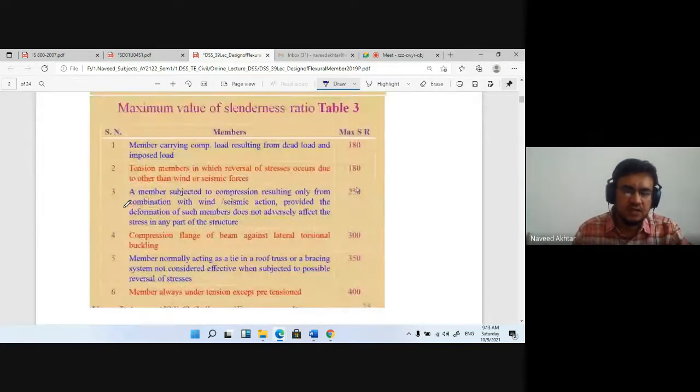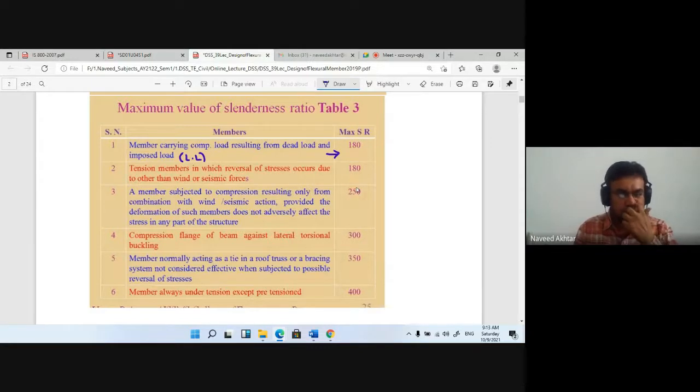Here are some of the maximum slenderness ratio values for different members. Members carrying compression load resulting from dead load and imposed load. Imposed load means live load. Imposed loads are nothing but they are called as live load. The maximum SR is given 180.